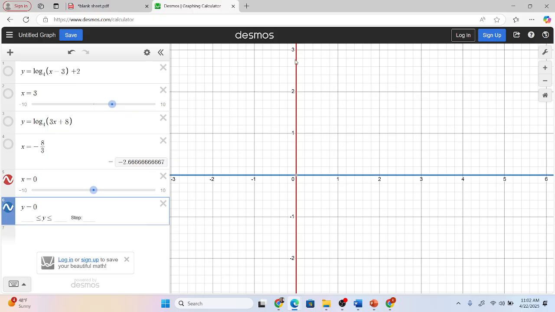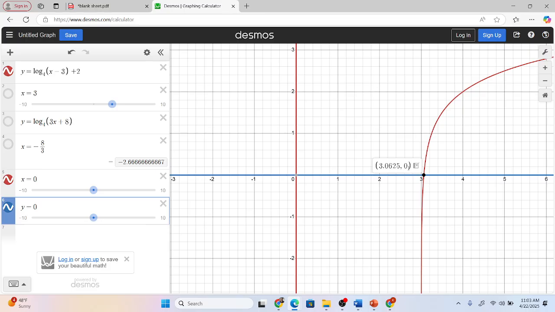X-axis, y-axis. So when I'm looking for the x-intercept, I'm looking for the point or points on my graph that intersect or touch the blue line in this case. So like if I drew that one right here, my x-intercept is 3 point something and 0. So that is the point.